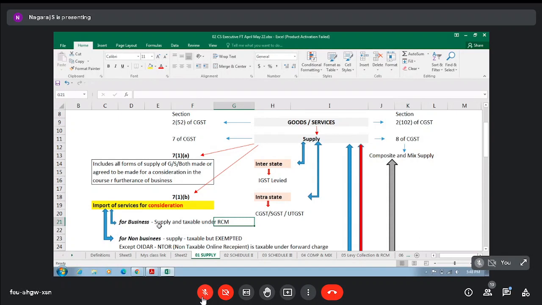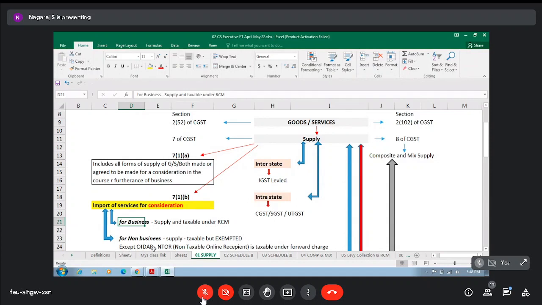If it is for personal, that means non-business, whatever the import of service for a consideration for non-business, it is a supply, but it is exempted, except one. What is that one?